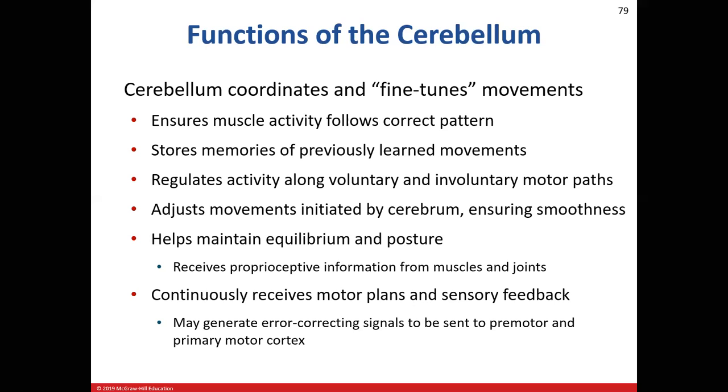And it utilizes this motor information and sensory information to help generate these error correcting signals. And so it makes these corrections so that they can be sent then to the premotor and the primary motor cortex in order to really create a good smooth pattern of movement from within the brain tissue.